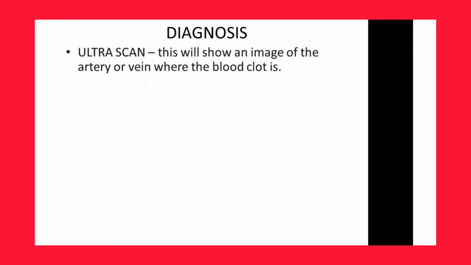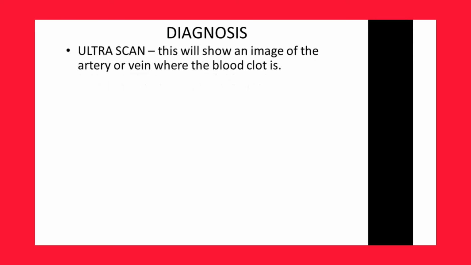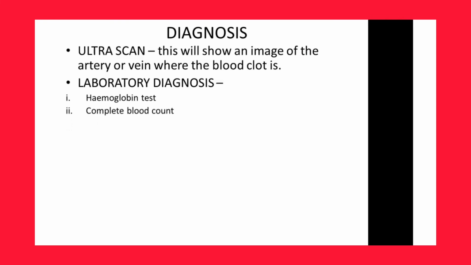The diagnosis: ultrasound helps to diagnose with an image of the artery or vein where the blood clot is. For laboratory diagnosis, you can use the hemoglobin test to know the predisposition, and the complete blood count will always help us know the situation, especially when you do film reading. The platelet count, once it is reduced, also creates a coagulation problem.